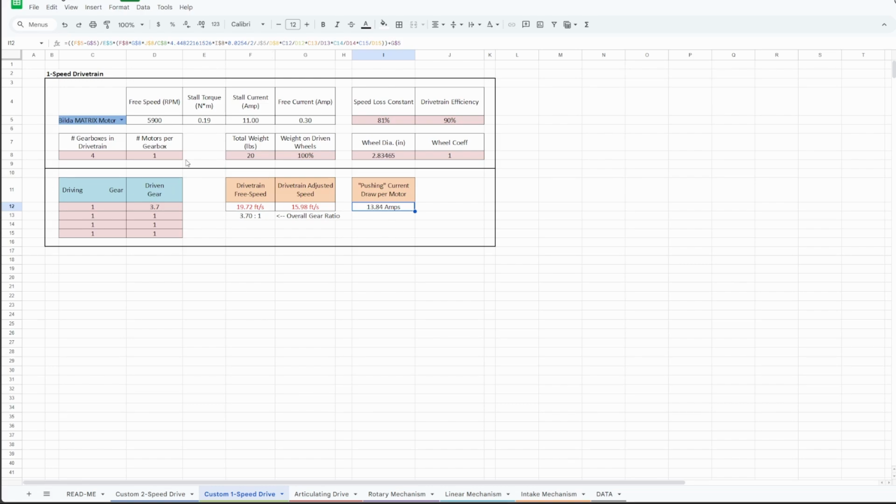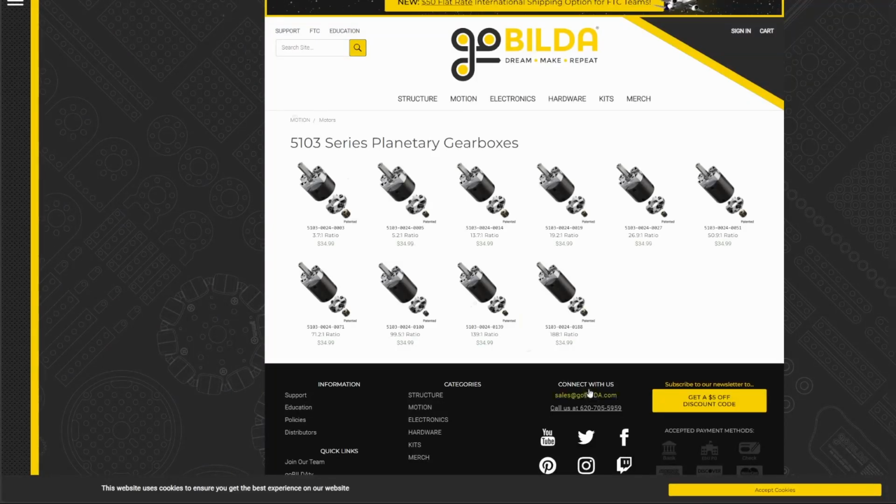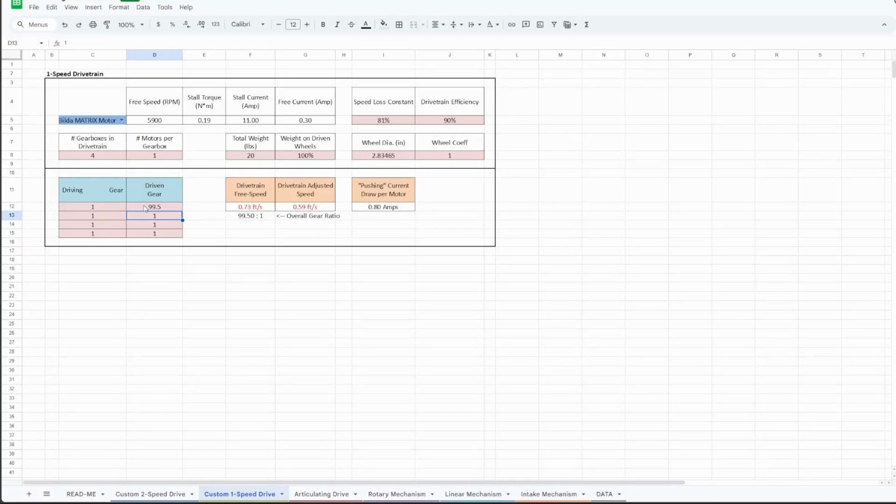And let's show the other side, because sometimes you're like, I never want to stall. I just want to be really, really torquey. I just want to make sure that we're going to be pushing around everything. I'll try something outrageous like this 99.5 to 1. So you can see that our current draw is 0.80 amps, which is, again, stupidly under our stall current, but we barely move a foot per second.